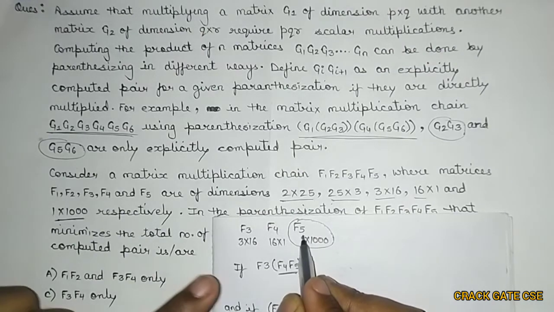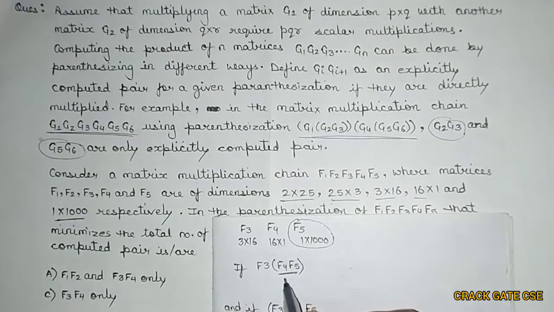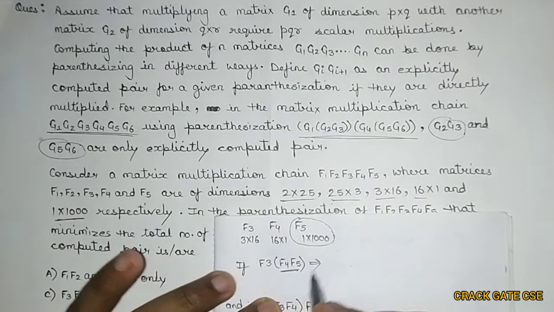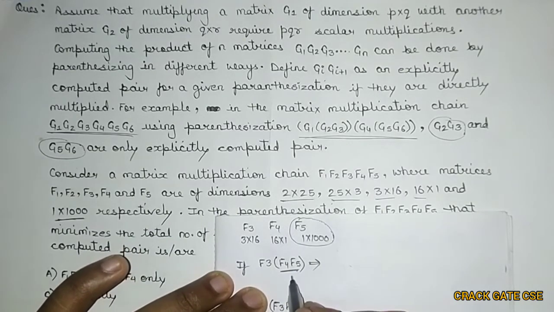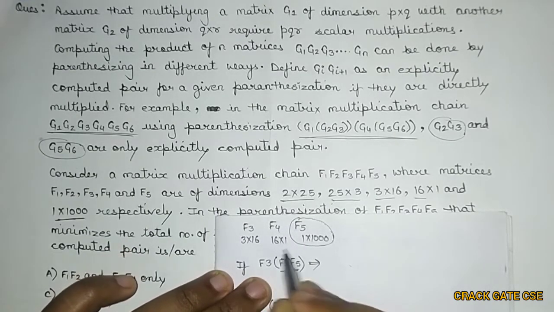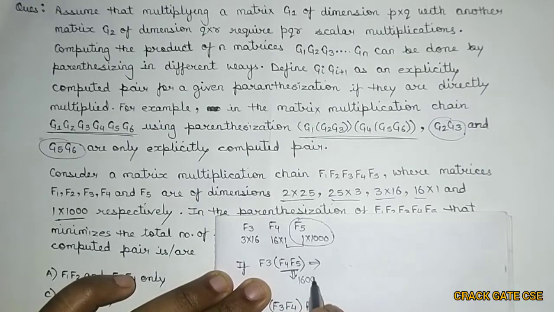If I am multiplying F5 at earlier stages, then the number of multiplications for F4 with F5 is 16 into 1 into 1000, which gives 16,000. And now the dimension for this F4, F5 will be 16 into 1000.